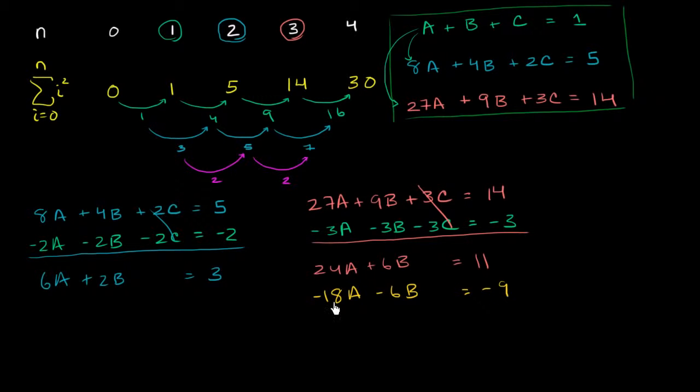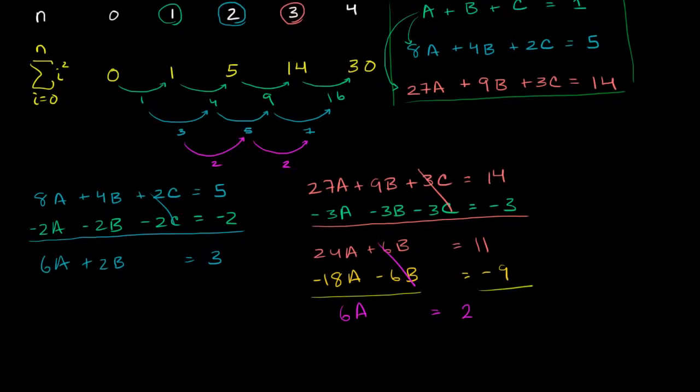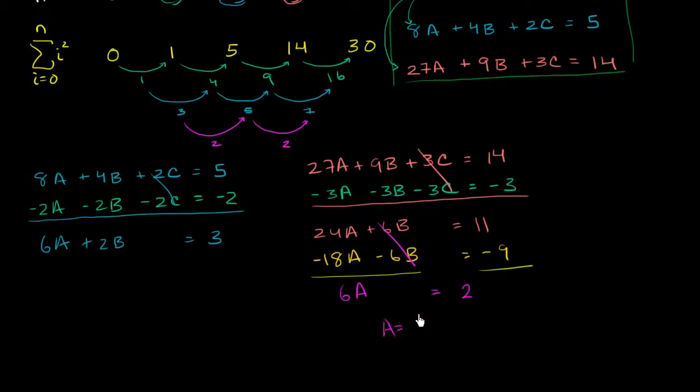And now if we add both sides, on the left-hand side, we have 24A minus 18A is 6A. These cancel, is equal to 11 minus 9 is 2. Divide both sides by 6. We get A is equal to 2 over 6, which is the same thing as 1 over 3.